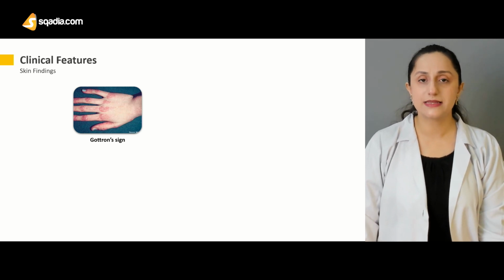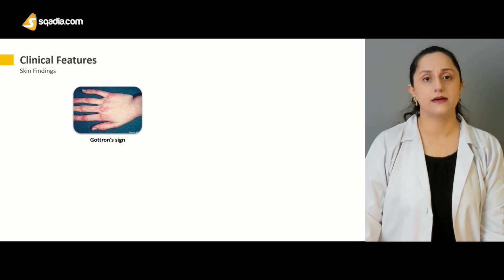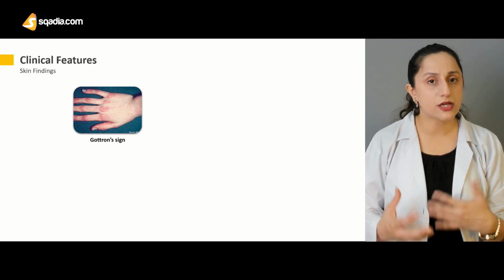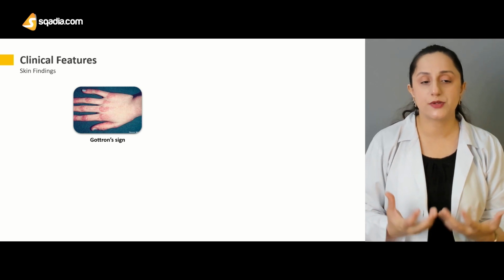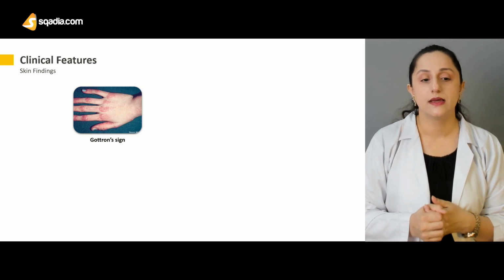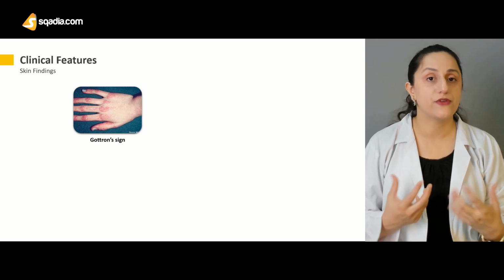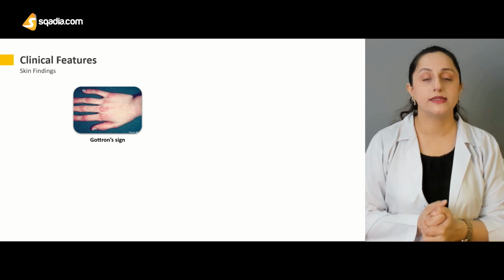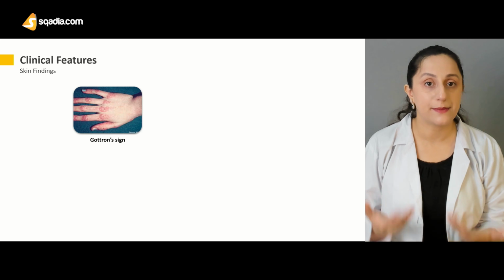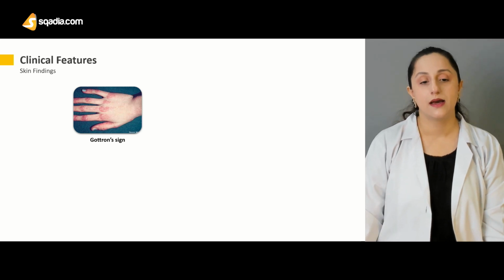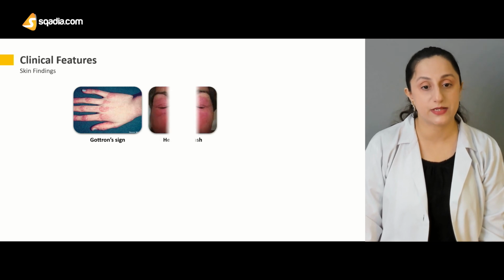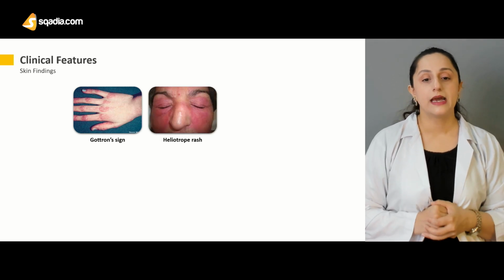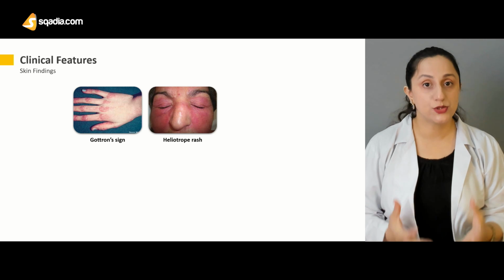They are basically a result of the necrotic processes that are taking place, and due to that phenomenon, a rash-like appearance or raised macules or papules develops, and this is very suggestive of dermatomyositis in the individuals. Then the heliotrope rash.